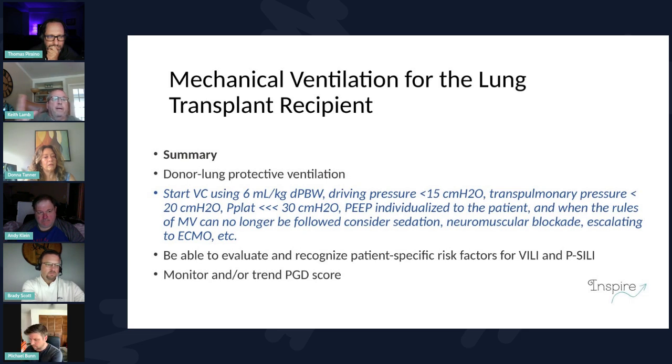Is it based on all of the things that make the secondary inflammatory cascade worse in any other pulmonary patient who's intubated, or is it different? Because we're talking about the graft, right? Specifically, should we have a lower driving pressure threshold, a lower plateau pressure threshold? Should we use lower PEEP or higher PEEP?